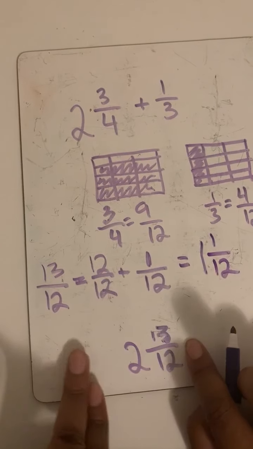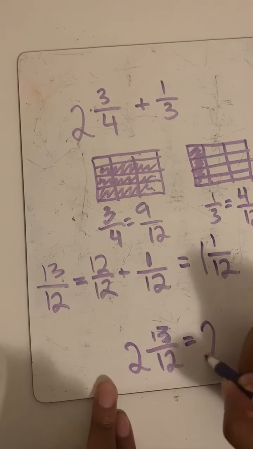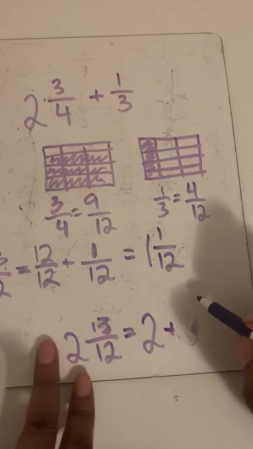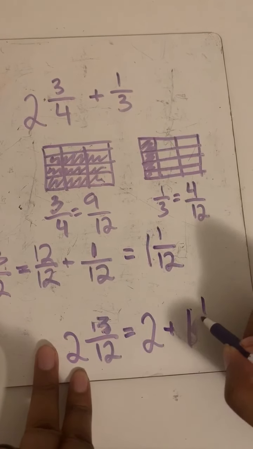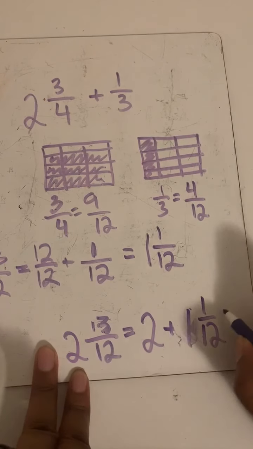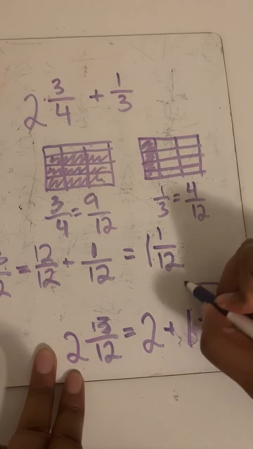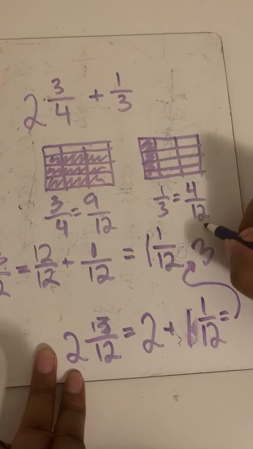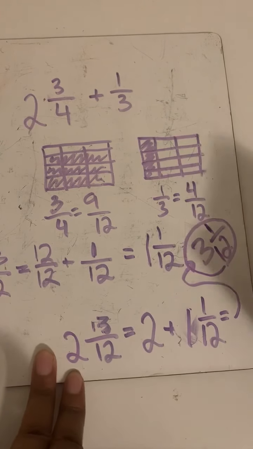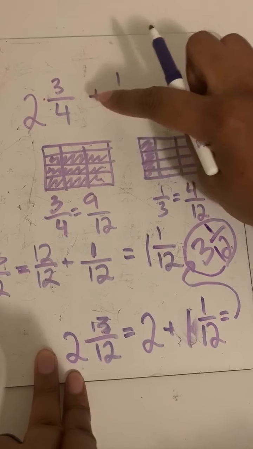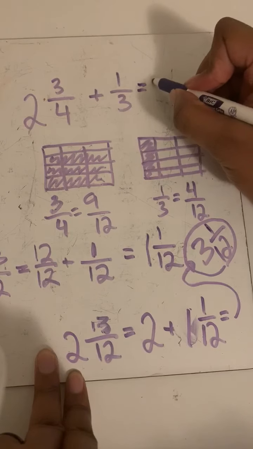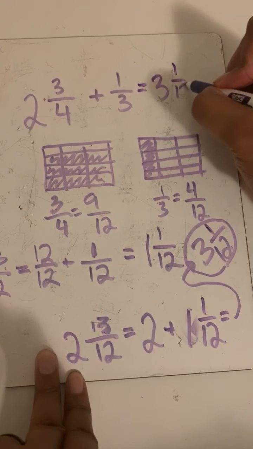So 13/12 is the same thing as 1 and 1/12. Well, what is 2 wholes plus 1 and 1/12? That's 3 and 1/12. So that is the answer to 2 3/4 plus 1/3: 3 and 1/12.